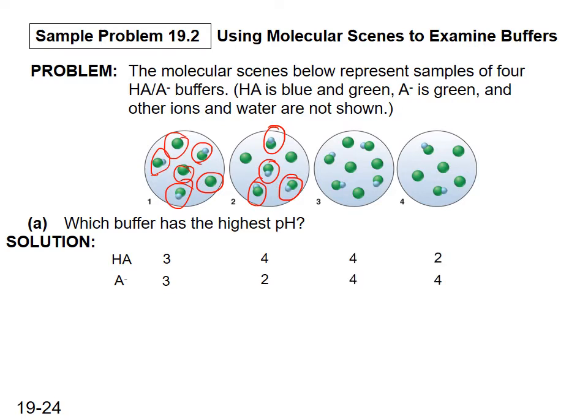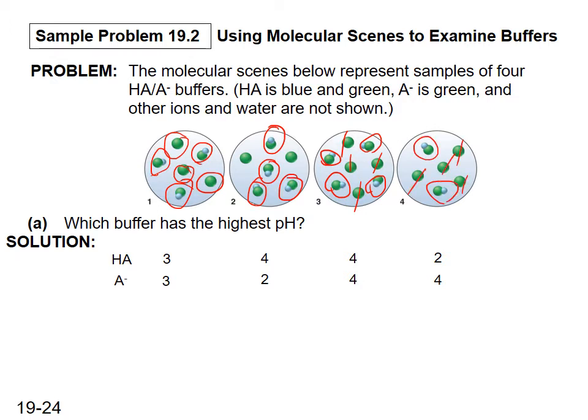And similarly, in scene 3, we have 1, 2, 3, 4, that's the acids, and the base 1, 2, 3, 4. The last one, 1, 2, so 2 acid and 4 bases.